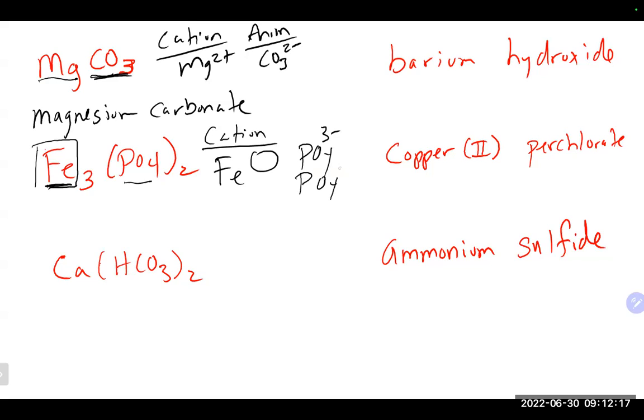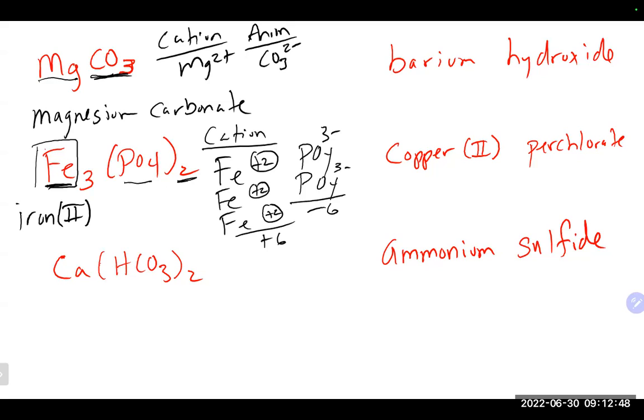That gives us a grand total of -6 for the negative side, and there are 3 irons, which means each iron would have to be +2 in this case, giving us +6 all over. That means the name here would be iron Roman numeral 2. Again, not 3, but Roman numeral 2 because the charge is +2 here. And regardless of how many phosphates we have, we just use the whole name, phosphate. Any question on that one there?